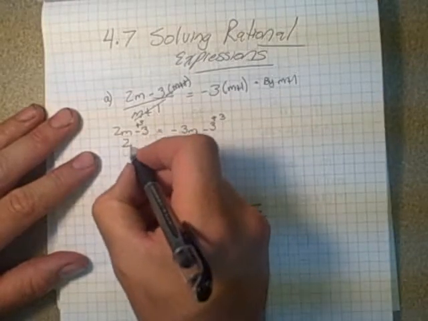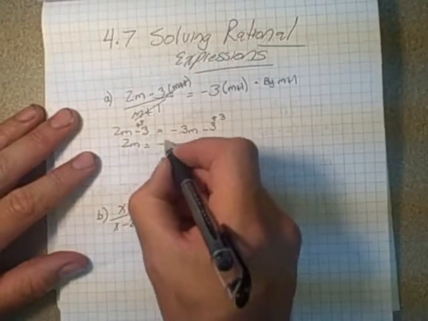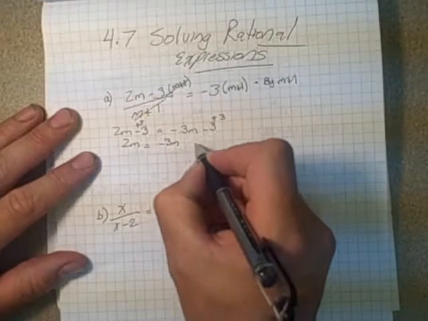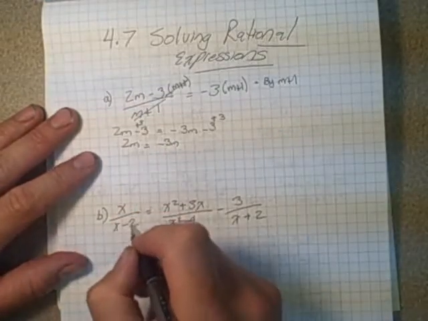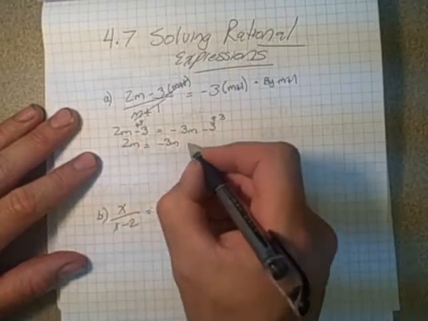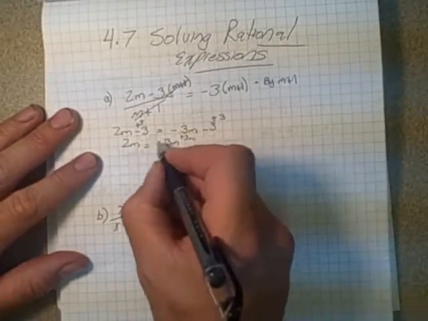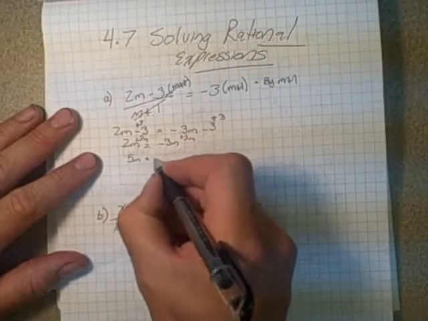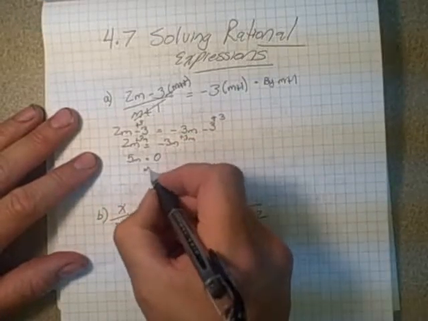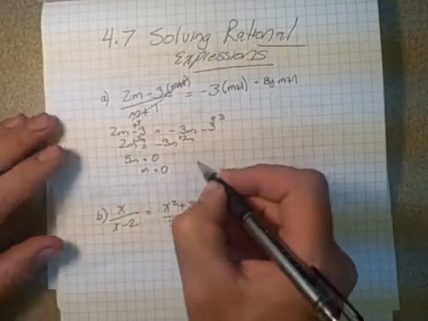So this would be 2m equals negative 3m, and then this would be 0. So add 3m over here. So 5m is equal to 0. So m is equal to 0 if we divide by 5.